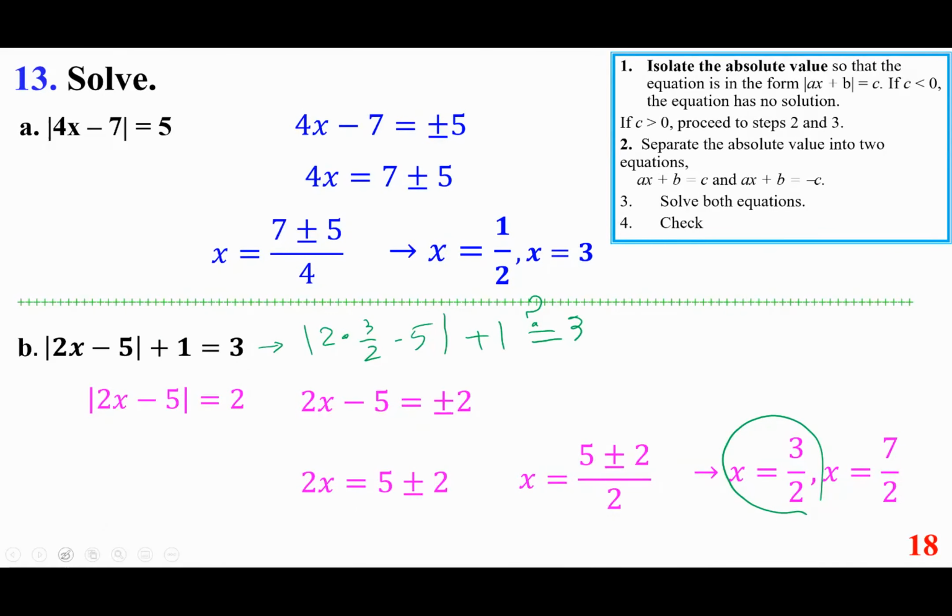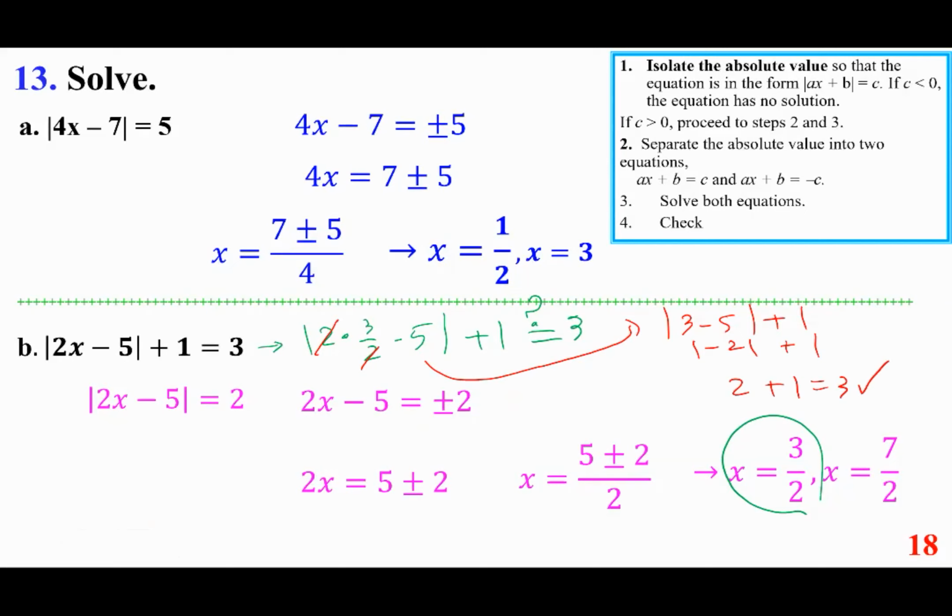So we notice this 2 cancels out this 2. So we get absolute value of 3 minus 5 plus 1, absolute value of minus 2 plus 1. You get 2 plus 1 equals 3. Check marks, it's absolutely fine. So you got to check your work. It's really a good practice to do that.